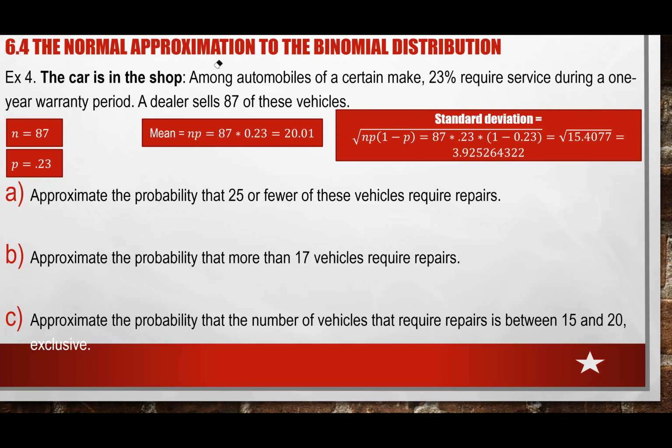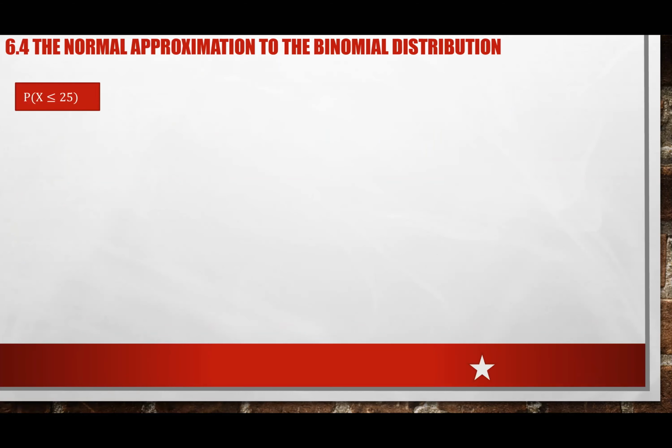Now, because they say 25 or fewer, this is what we're looking for: the probability of x less than or equal to 25. Again, 25 or fewer is the same as x less than or equal to 25. Once you identify that, let me sketch this out: sketch your bell-shaped curve, or your small mountain.